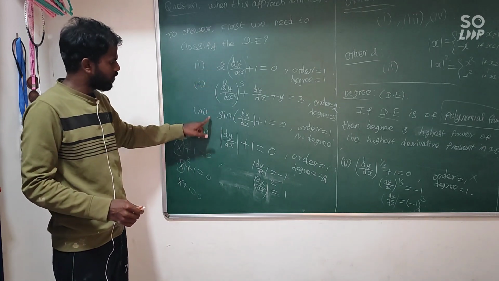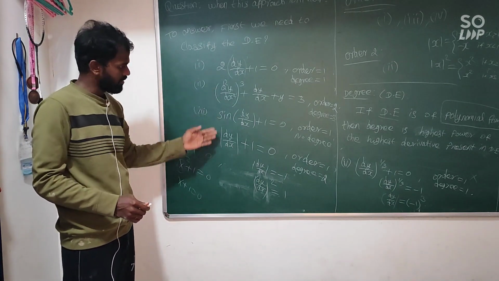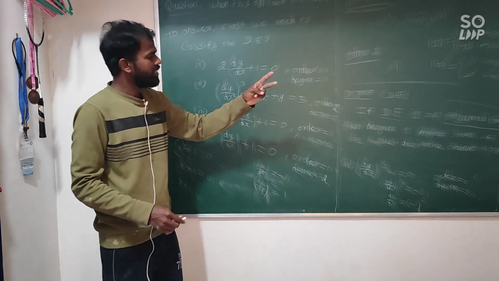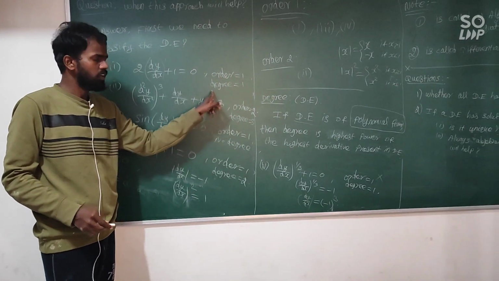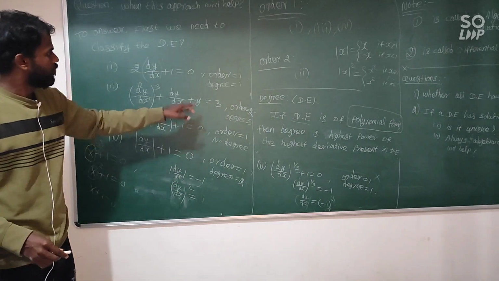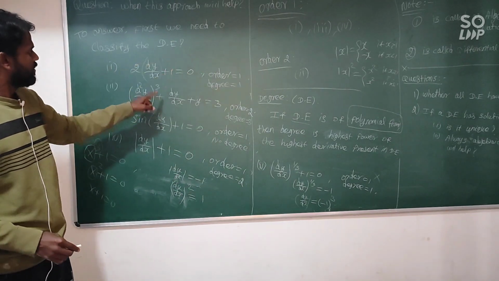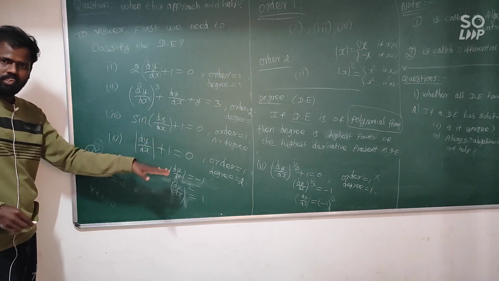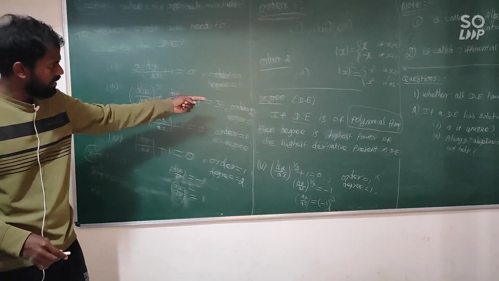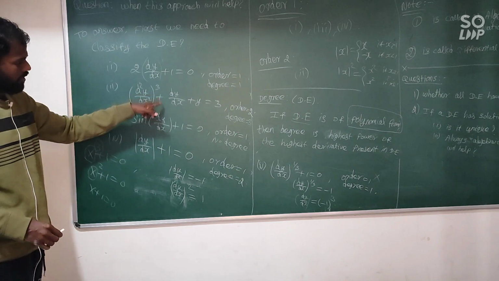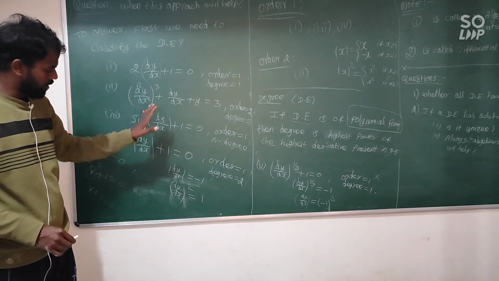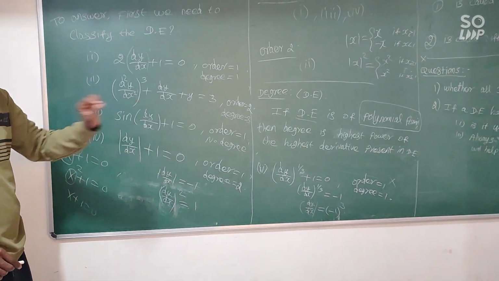So firstly we wrote all the definitions of differential equations. Then we introduced two classifications. One is based on order, another is based on degree. For order it is very simple: we just take the highest derivative present in the differential equation. And for degree, you take the highest order derivative and its power, but first it should be of polynomial form. For that we have seen some examples.